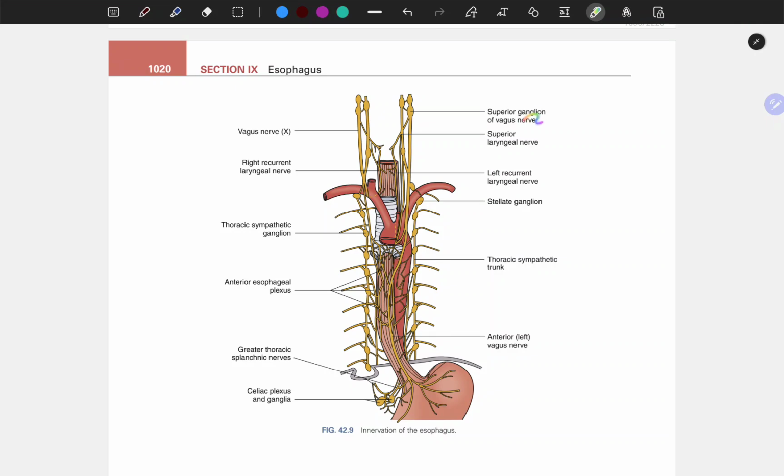As we discussed, the thoracic sympathetic ganglia all connect to form the Auerbach nerve plexus, which lies between the muscular layers of the esophagus.